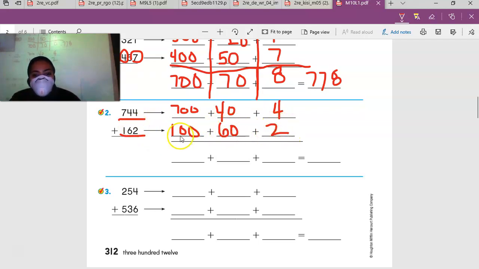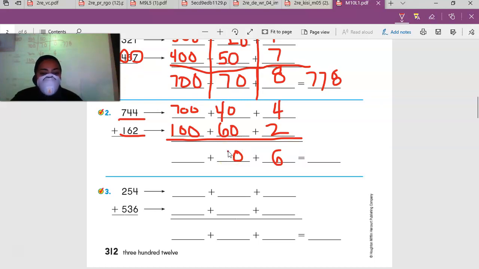All right, here's the equal sign. We're going to add the ones place first. We always add the ones place first, guys. 4 plus 2 is 6. 0 plus 0 is 0. 4 plus 6 is... Whoa. 10?